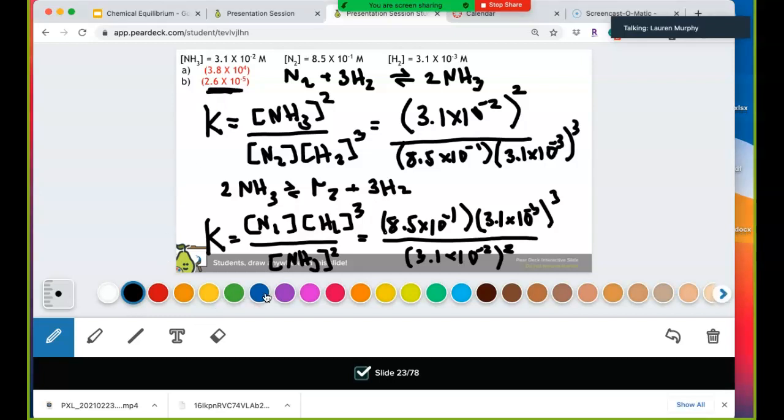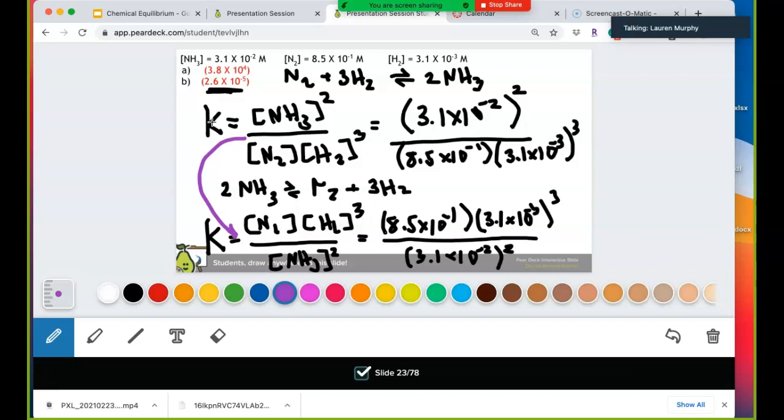But here's the thing. Look at this expression right here, the first one we did, and look at this one. This first expression is just this one flipped upside down. It's reversed because we reversed the reaction.